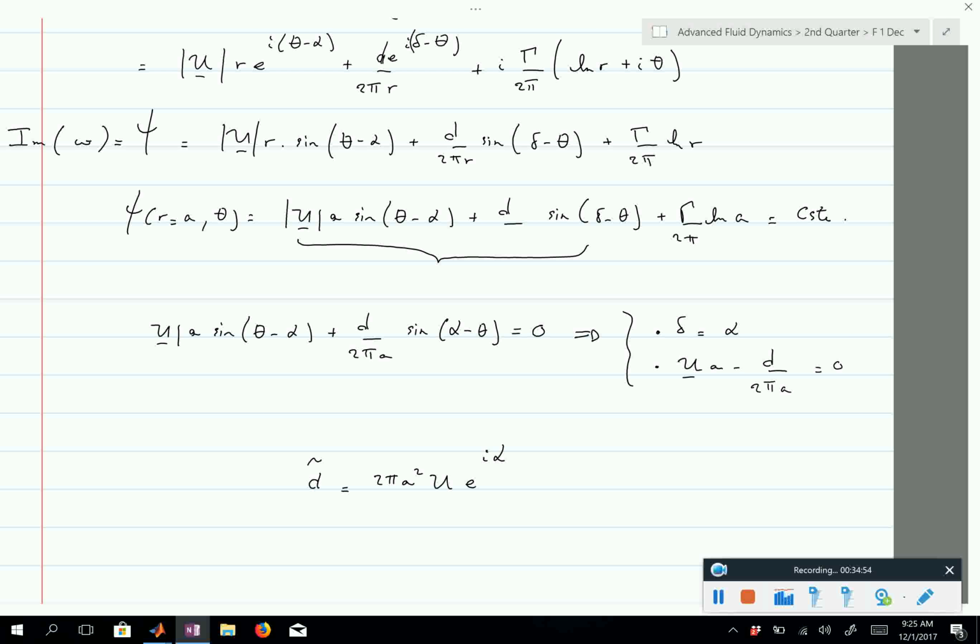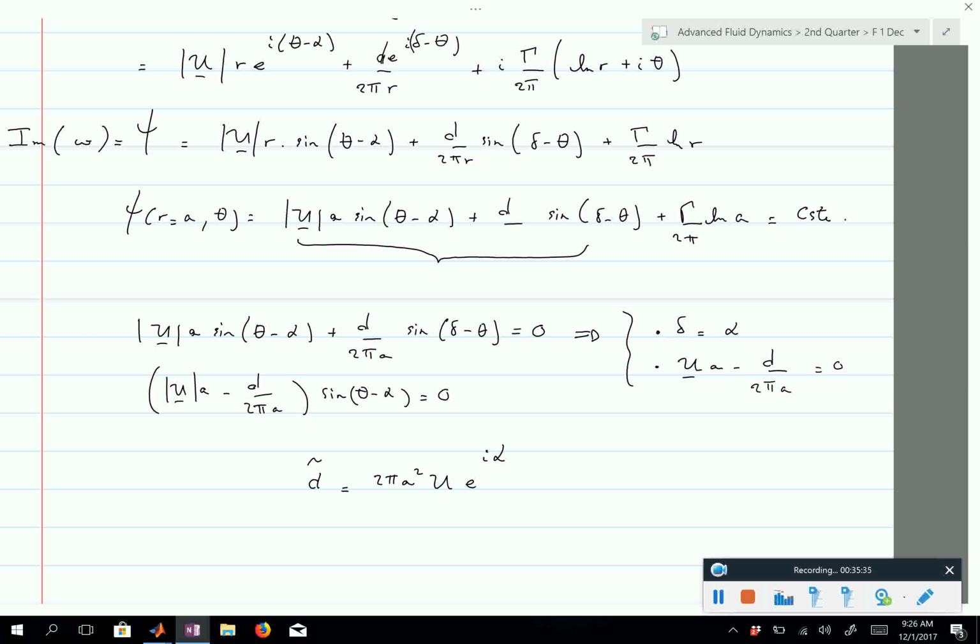So then it becomes UA minus D divided by 2 pi A. If I have a delta here and delta is equal to alpha, then I have UA minus D divided by 2 pi A, times sine theta minus alpha, equal to 0. Right? Once you've identified the phase, then this thing here needs to be equal to 0.